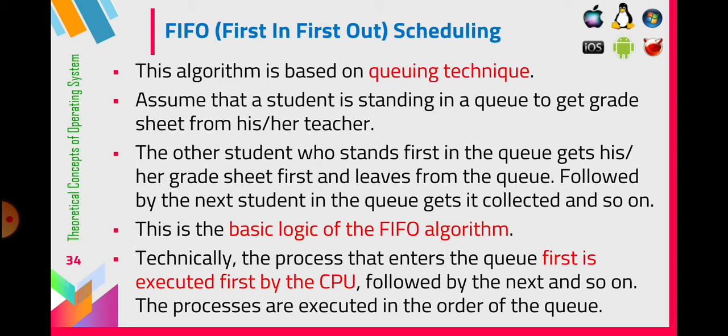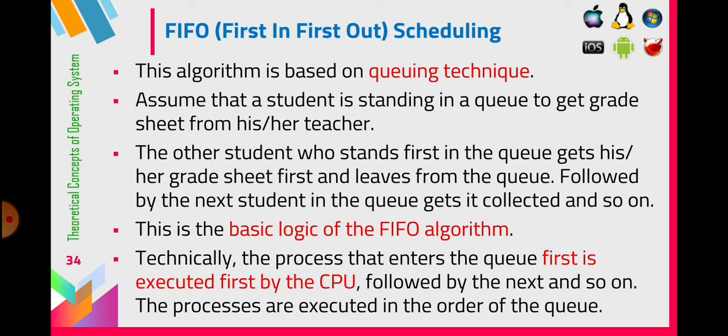Say, assume that a student is standing in a queue to get a grade sheet from his teacher. The student standing in the queue wants to get a rank from the teacher. The student who stands first in the queue gets his grade sheet first and leaves the queue, followed by the next student in the queue, and so on.